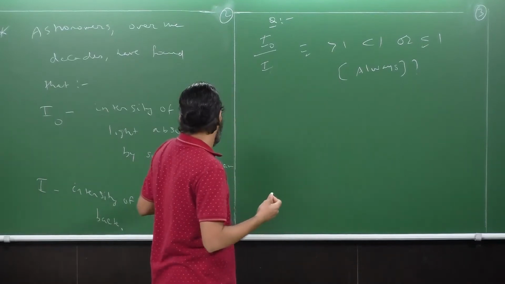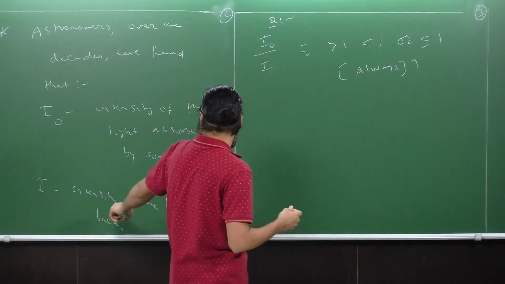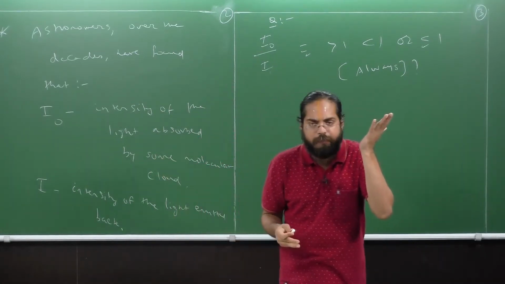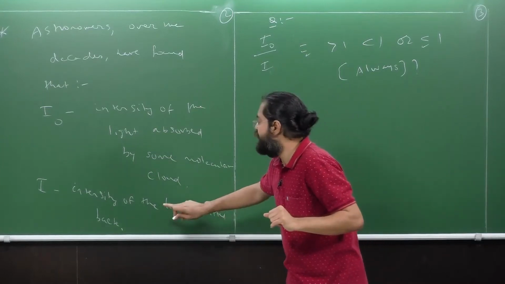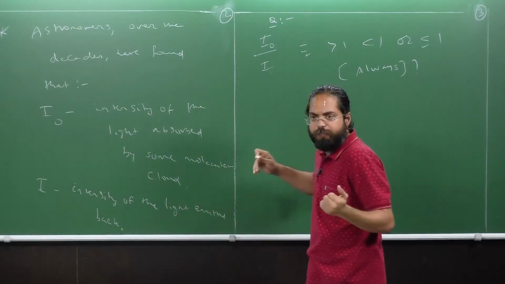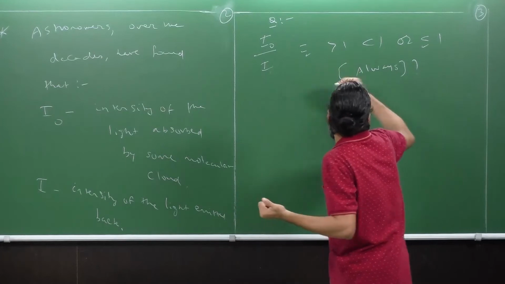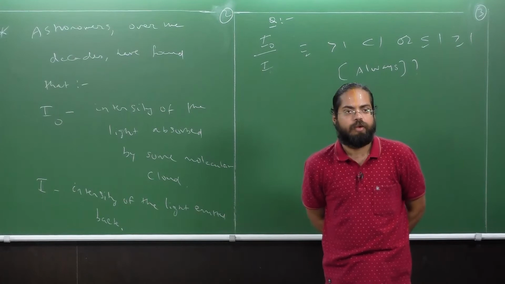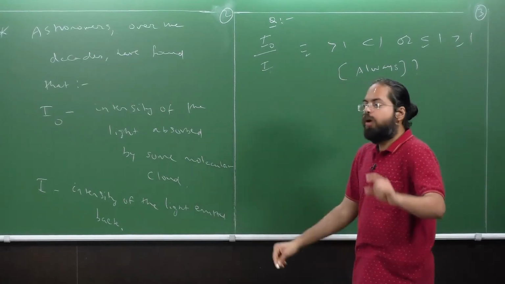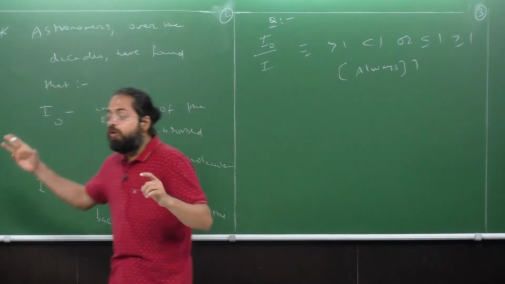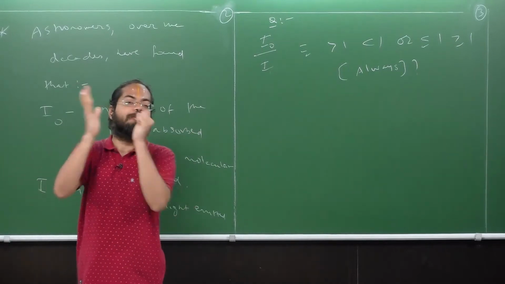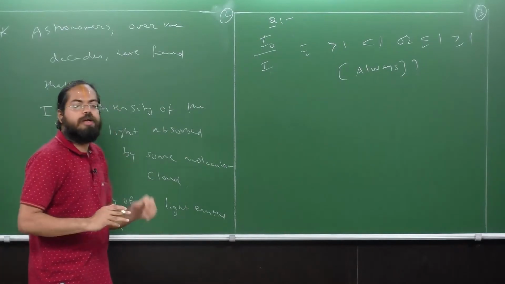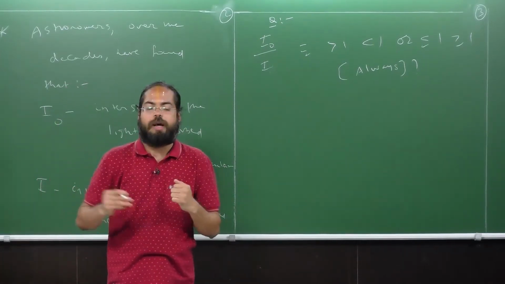Well, the point is that I naught is the one that is absorbed, and I is the intensity of the emitted light. We can include one more option, greater than or equal to 1. What is the answer? We have always been talking about the absorption of light by molecules, and in a molecular cloud, it is the molecules which are responsible for the absorption of light.